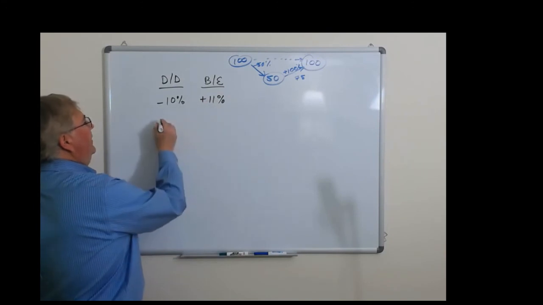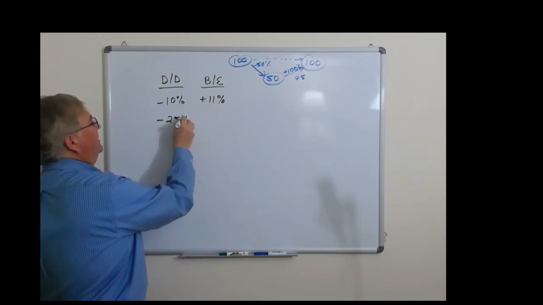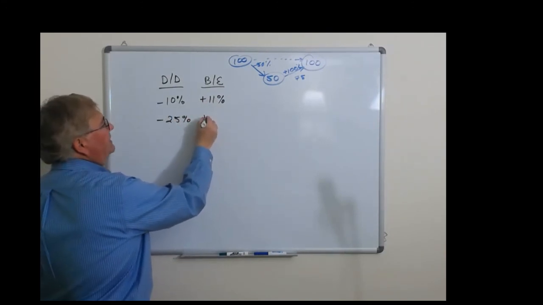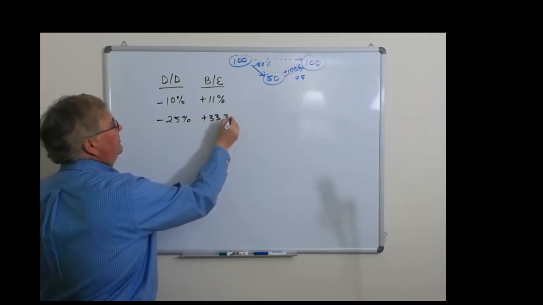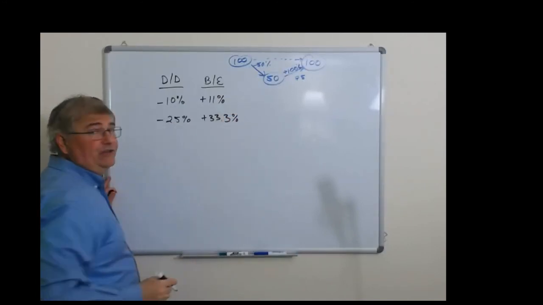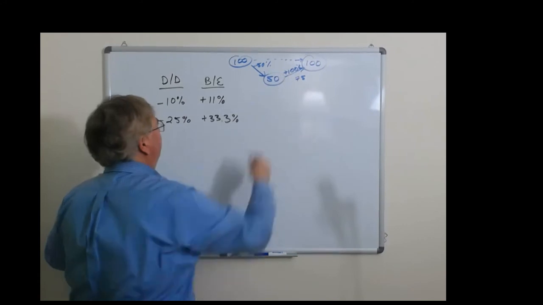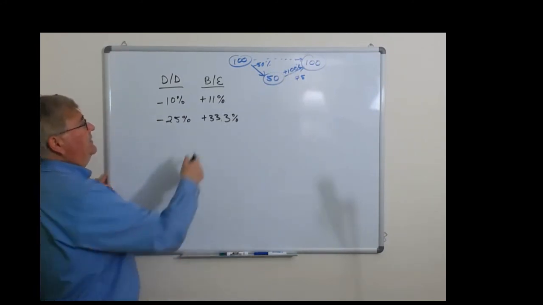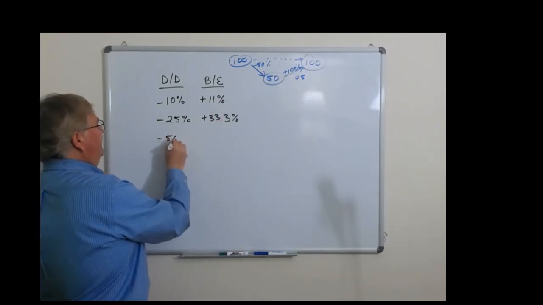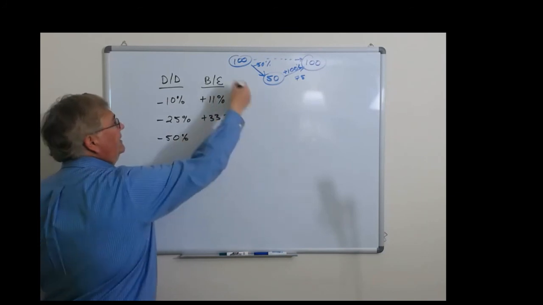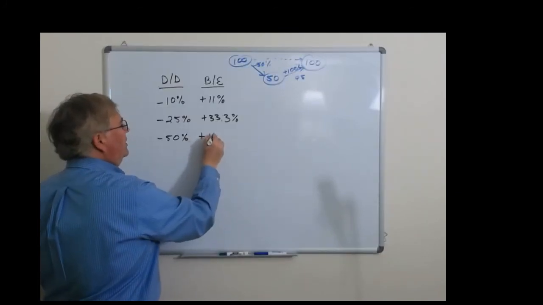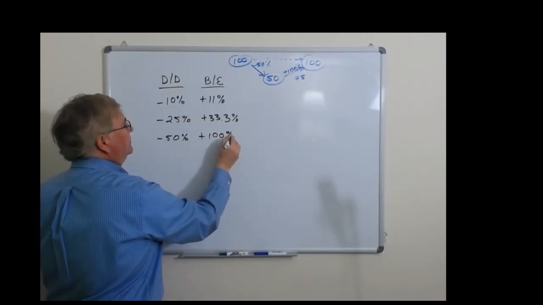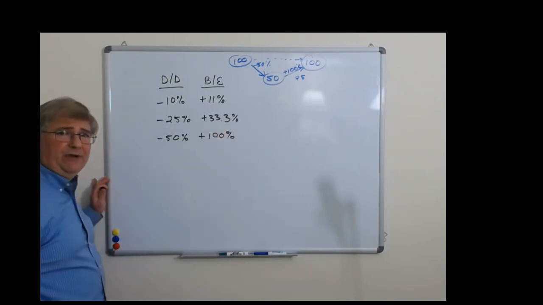If you experience a 25% drop in an investment, you actually need a 33.3% return to get back to break even. As we mentioned, if you experience a 50% drawdown, you need a 100% rebound to get back to break even.